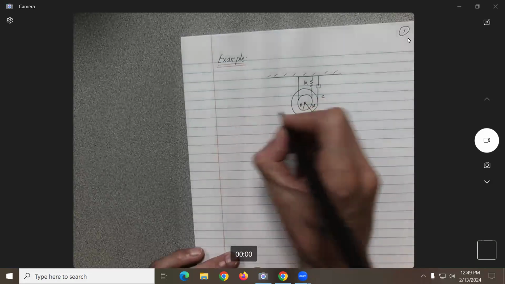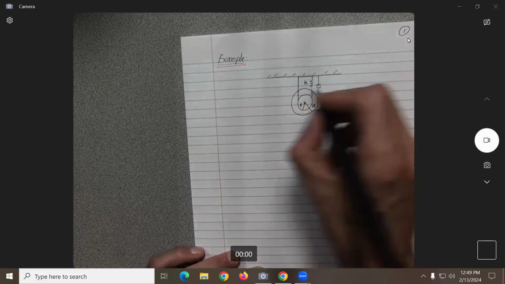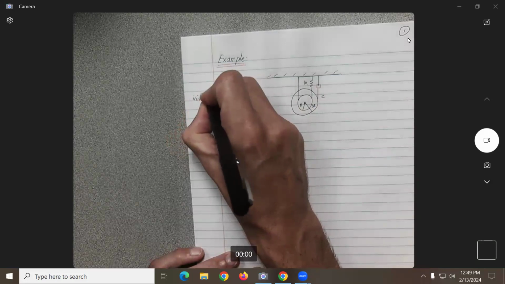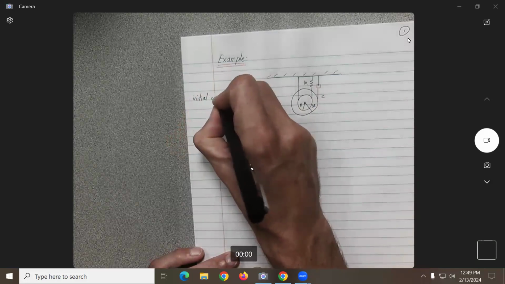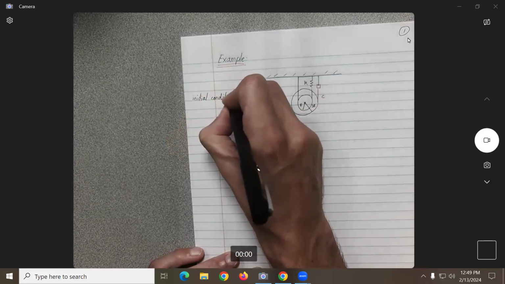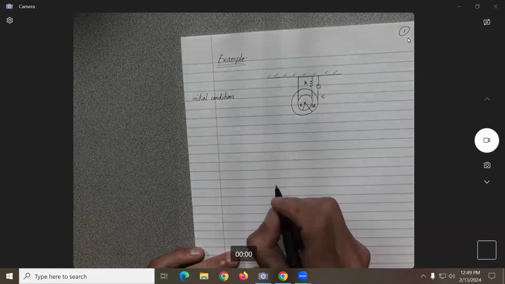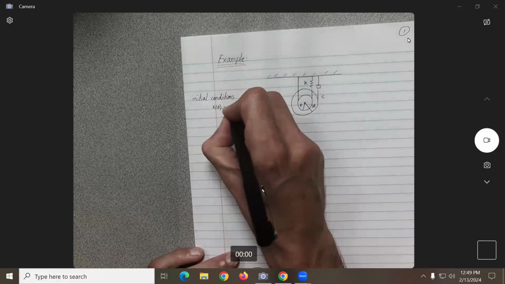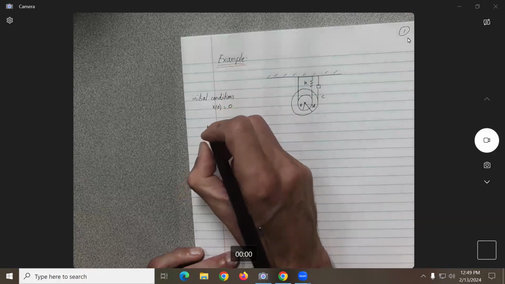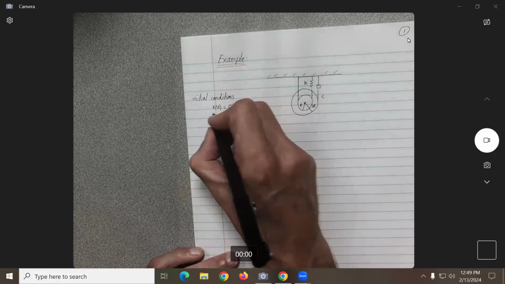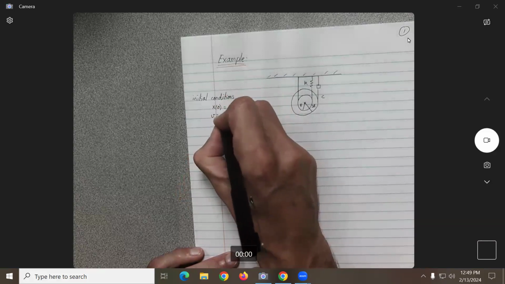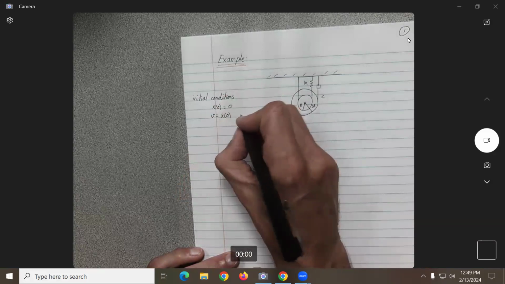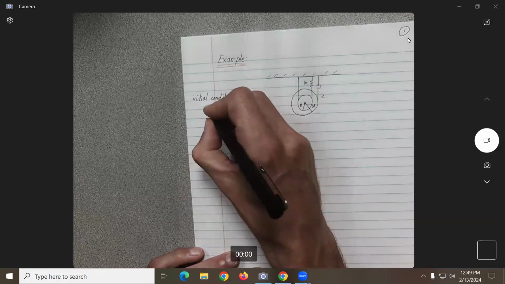Okay, so I'm going to say these are the initial conditions: x at t equals 0, and the velocity, x dot at 0, we're going to say is also equal to 0.